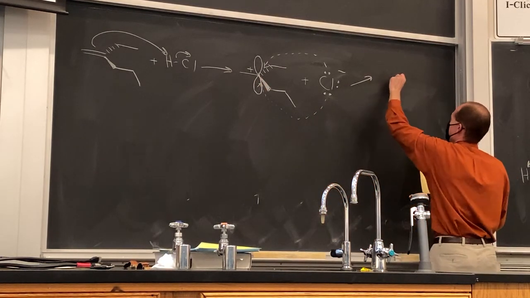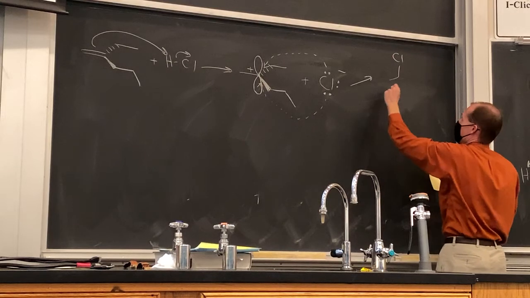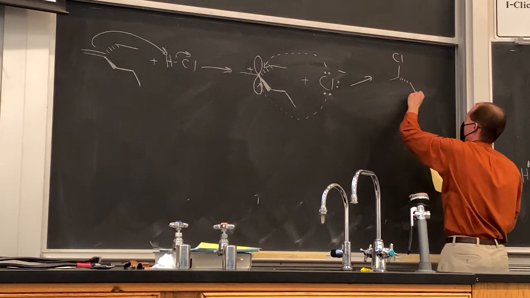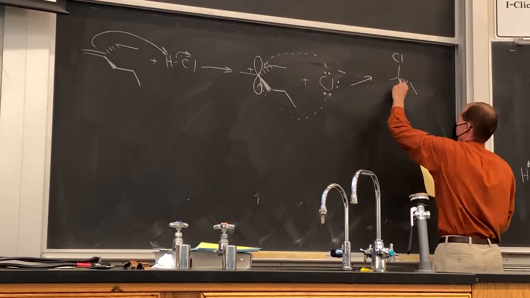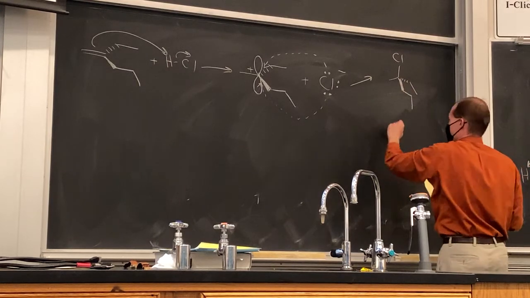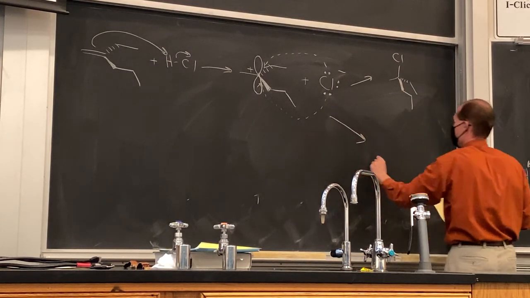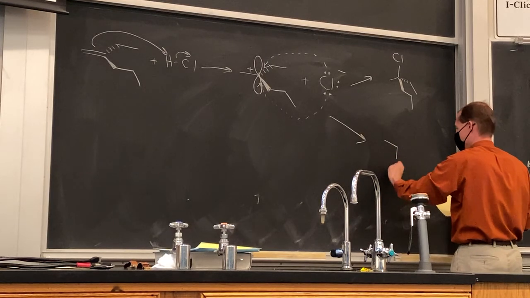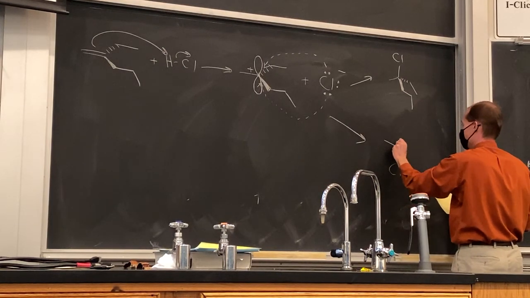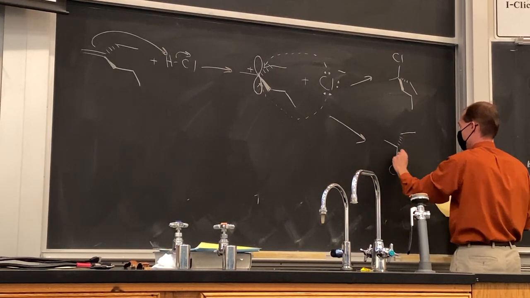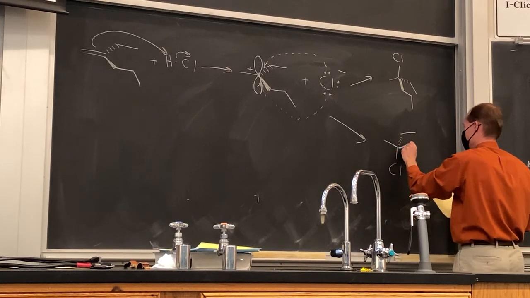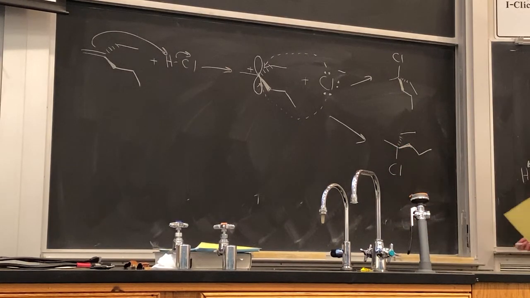If we attack from the top, we're going to get the chloride I draw here. If we attack from the bottom, we would get this chloride. Okay. What's the relationship between these compounds?